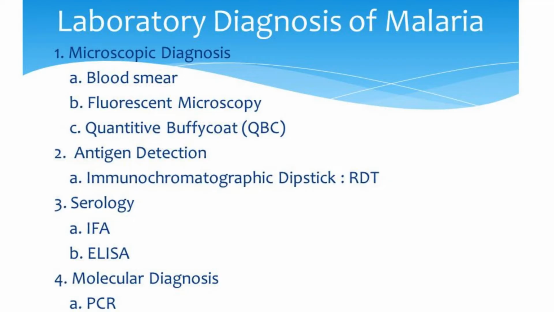The second one is the rapid diagnostic test, usually known as RDT, and there is also the quantitative Buffy-Coat smear. We can also culture the malaria parasite, use sero-diagnosis through antigen-antibody detection, and furthermore, the most sophisticated diagnosis of malaria is molecular diagnosis using PCR.